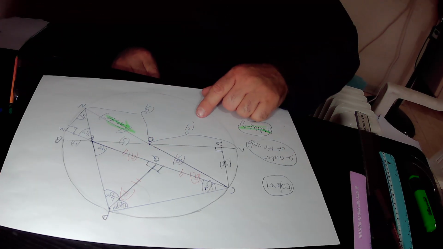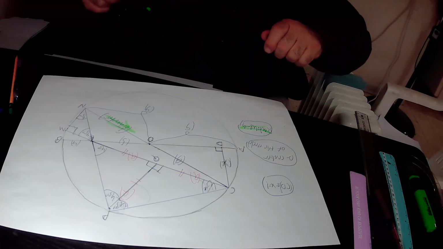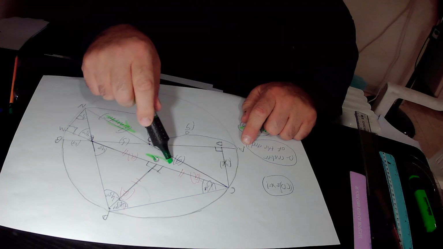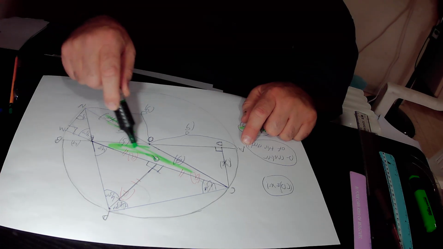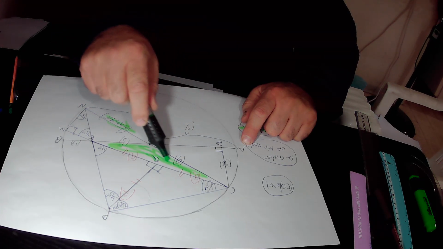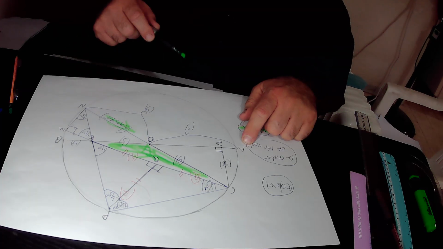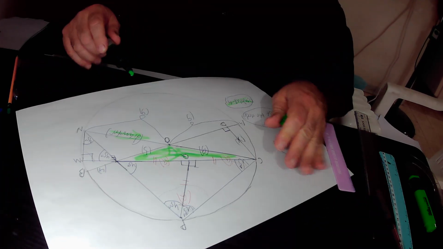In the next step, we find out the area of this green triangle, COE. Again, we find out the area of this green triangle, COE. What is the area of this green triangle, COE?